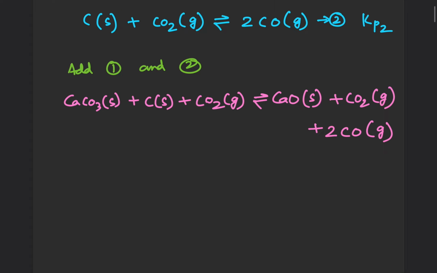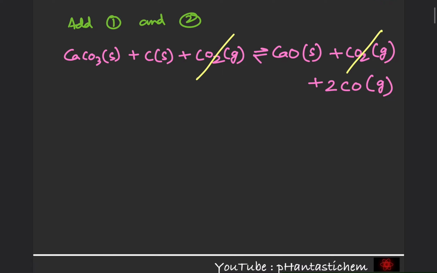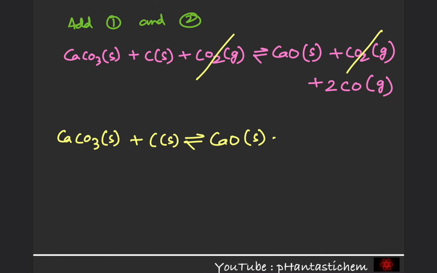So if you see, this CO2 and this CO2 get cancelled. So therefore ultimately we get CaCO3 solid plus carbon solid in equilibrium with calcium oxide solid plus 2 carbon monoxide gas, and let's say this is our reaction 3 and the equilibrium constant is Kp3.